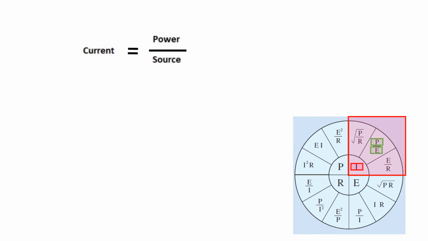You're going to write that equation on a piece of paper: current equals power divided by source, or P divided by E, using the charts provided.